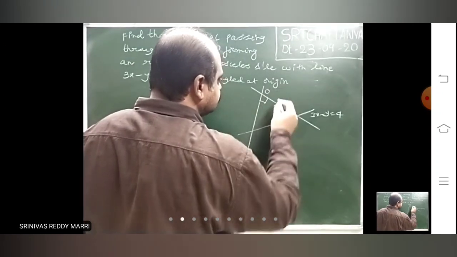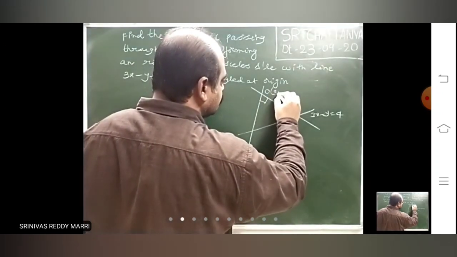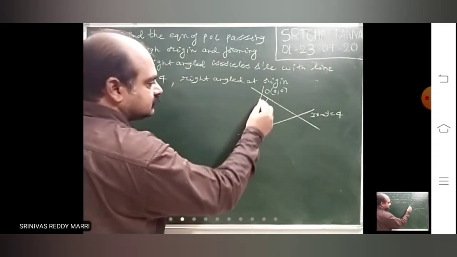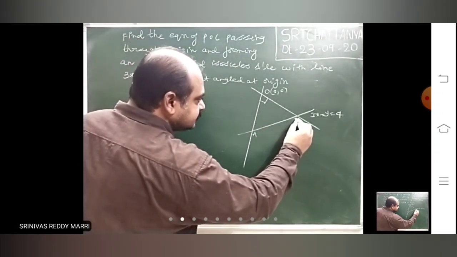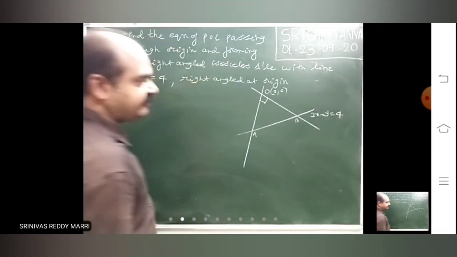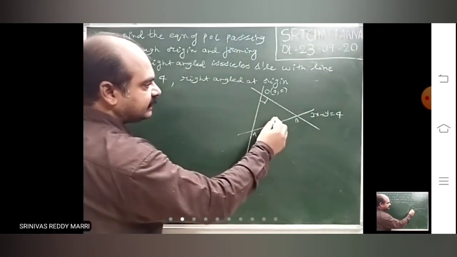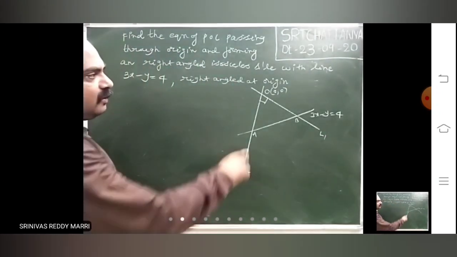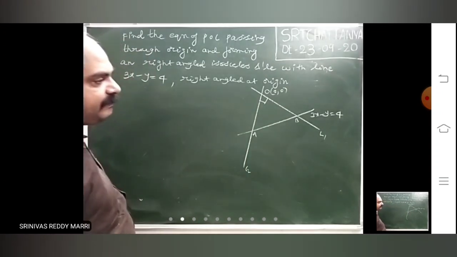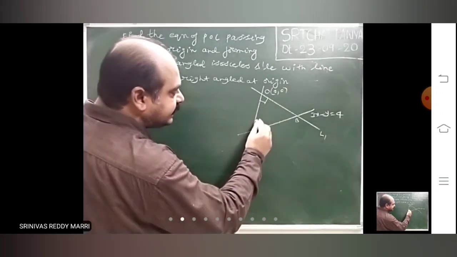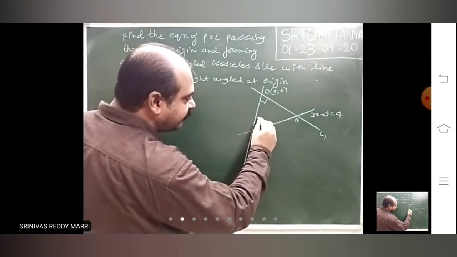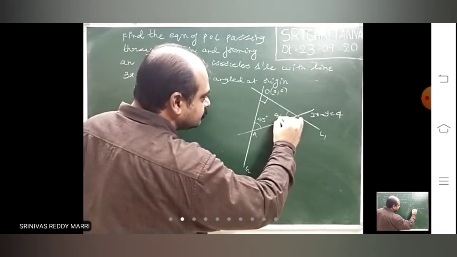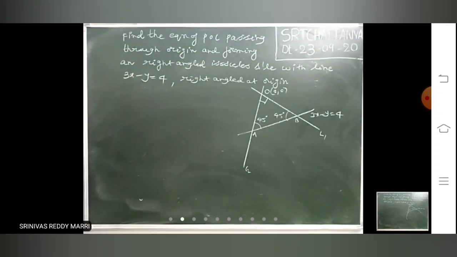This is the origin O, this is A, this is B. This line is given, right? You have to find, let us say this is L1, this is L2, and their combined equation. This is 90 degrees, so the base angles are 45 degrees each.